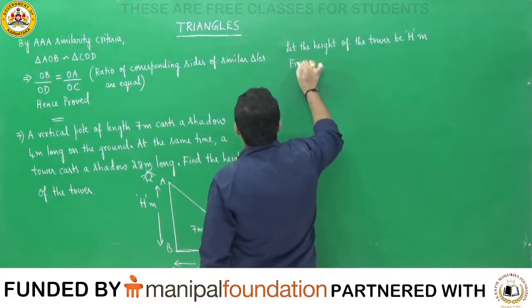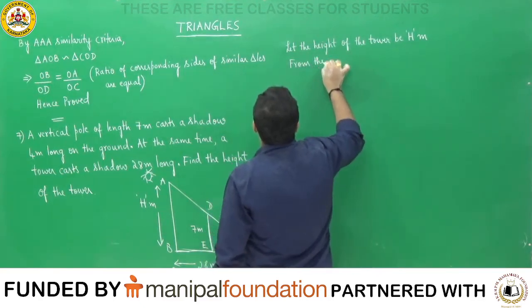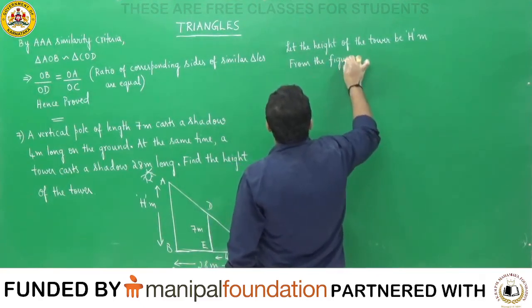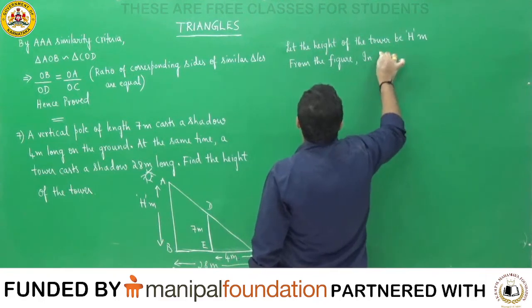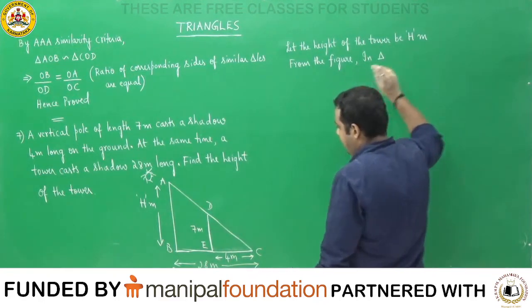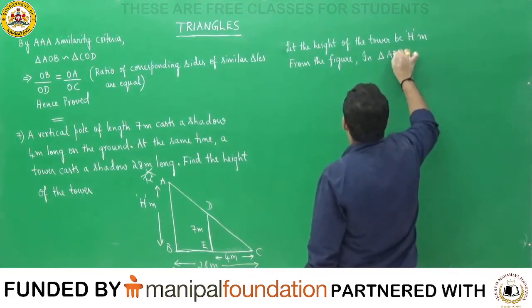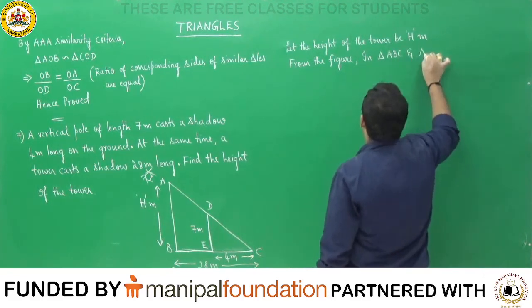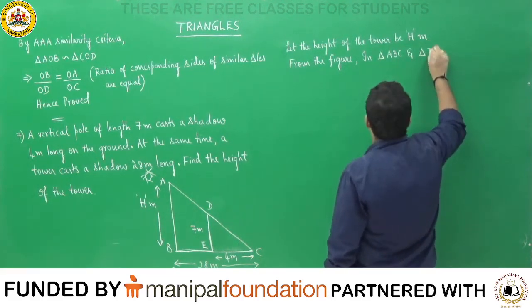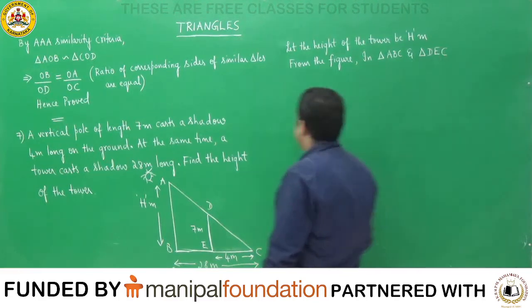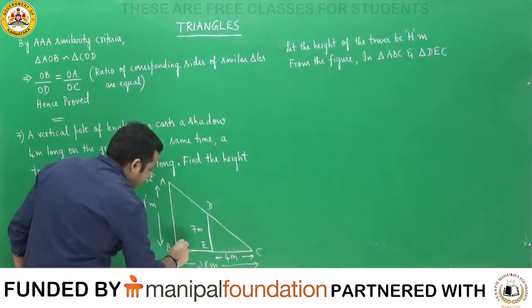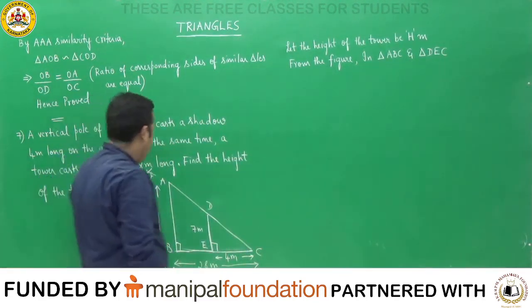From the figure, in triangle ABC and triangle DEC, this angle and this angle are equal to 90 degrees.